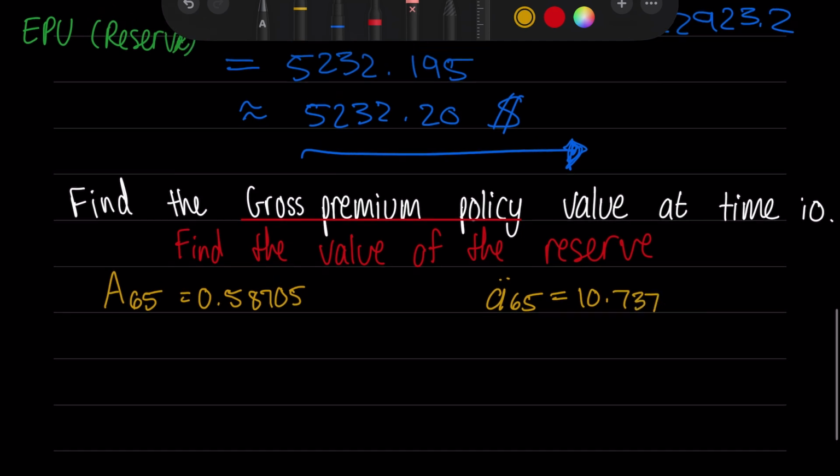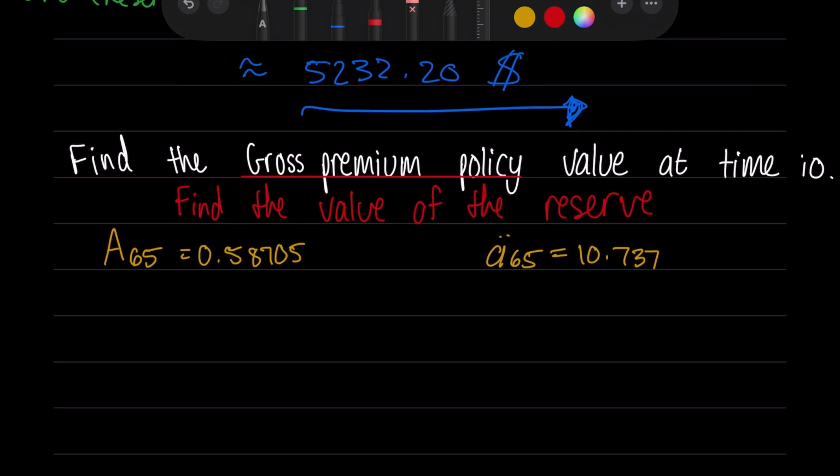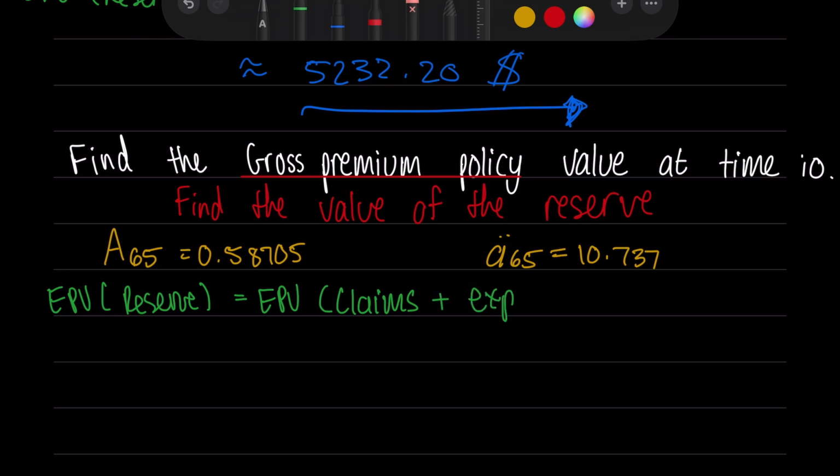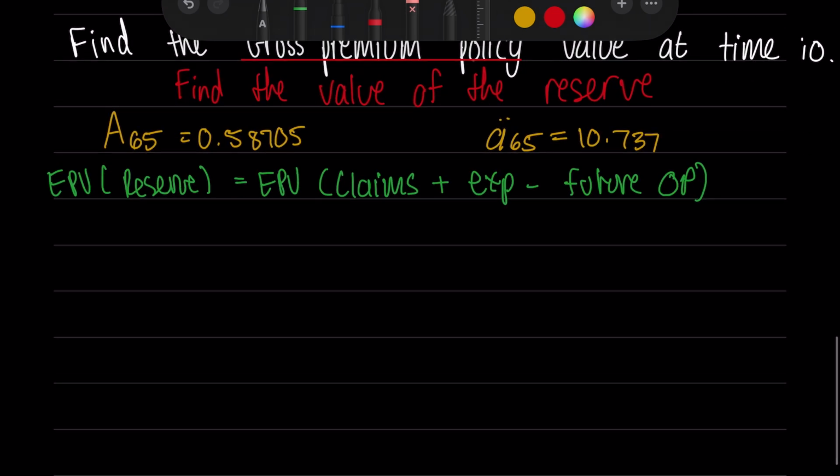Cool, so let's get into it. It's going to be exactly the same as the previous policy. However, now we're just working with time 10. So I'll write this. So we'll start with claims again.